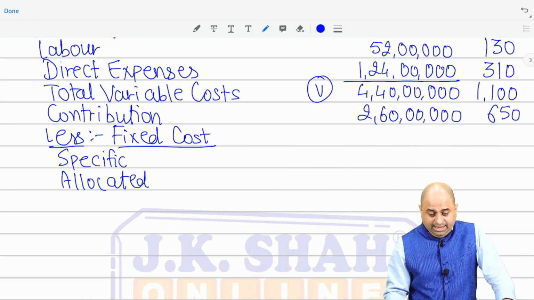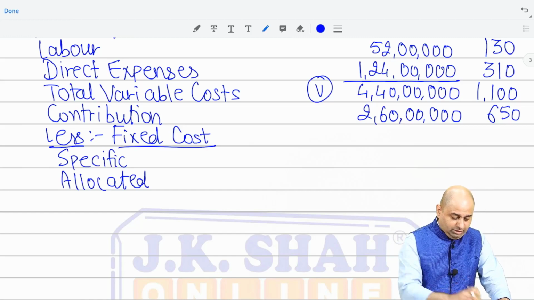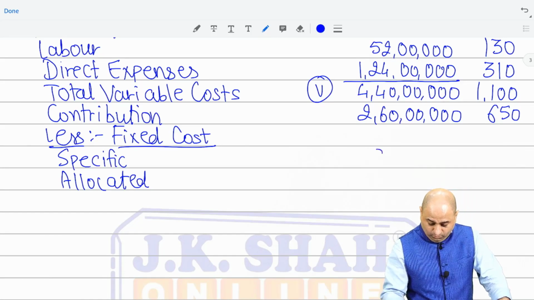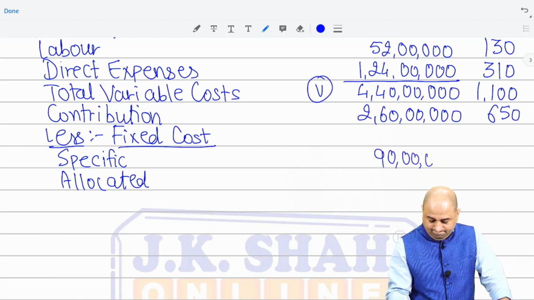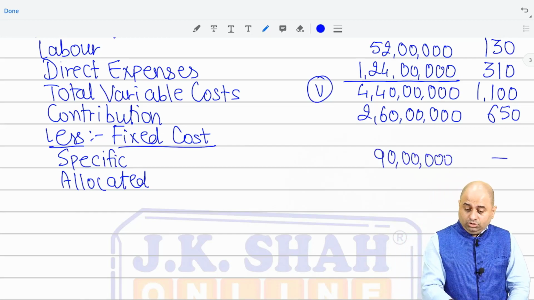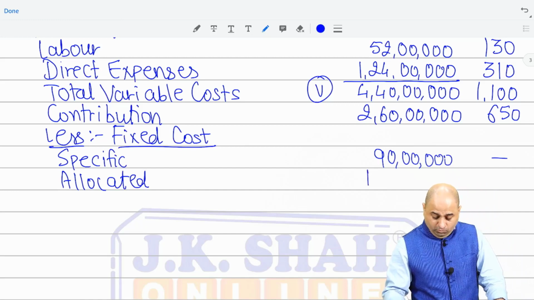So 90, when I say it will be 90 lakhs. And allocated, 112.5 into 1 lakh, 1 crore 12 lakhs 50,000.